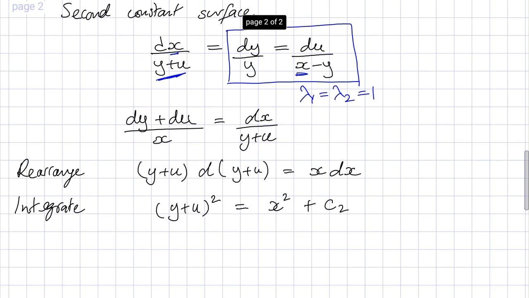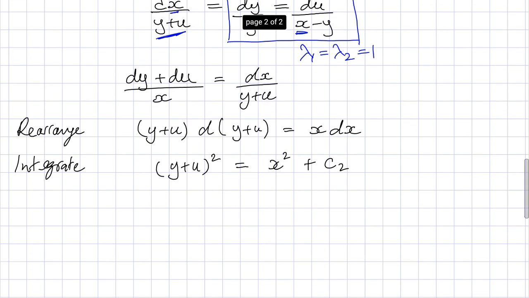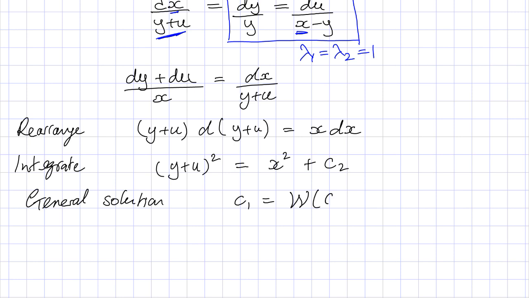Okay, so now I've got these two constant surfaces. And just to finish off the story here, once I've got these c1 and c2, I know that my general solution I can find by writing c1 equals an arbitrary function of c2.